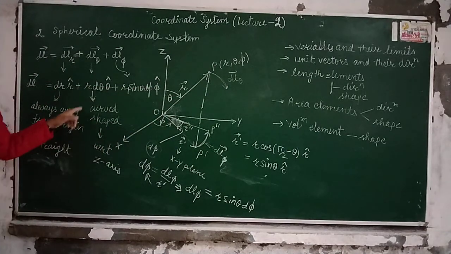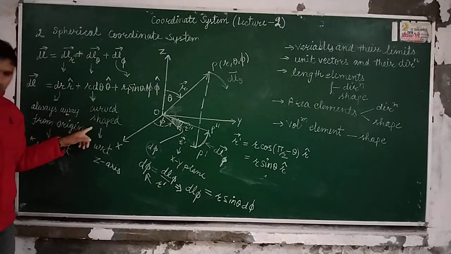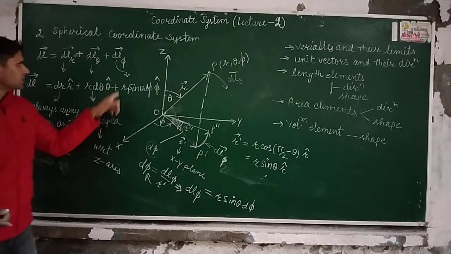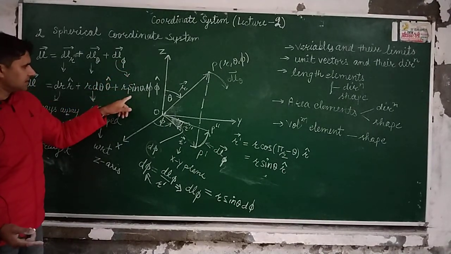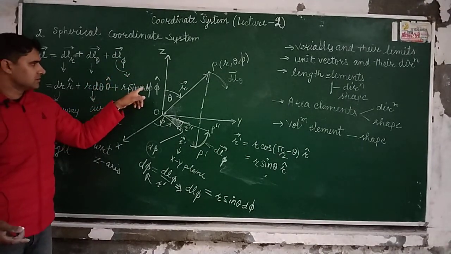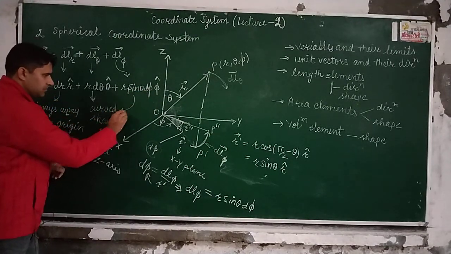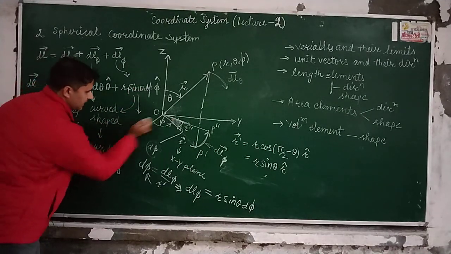So the length element along the theta direction is of curved shape, and the angle is measured with respect to the z axis. And the length element along the phi direction is r sin theta d phi, and this is also of curved shape, and this is measured in the xy plane.